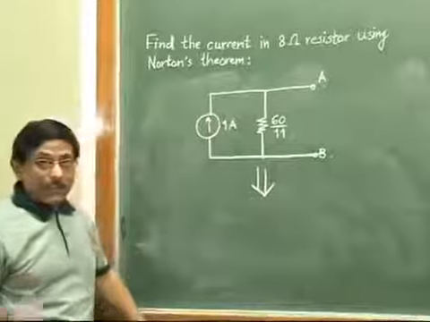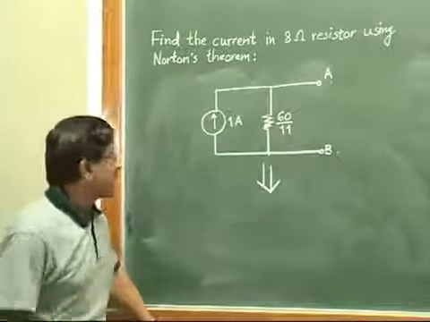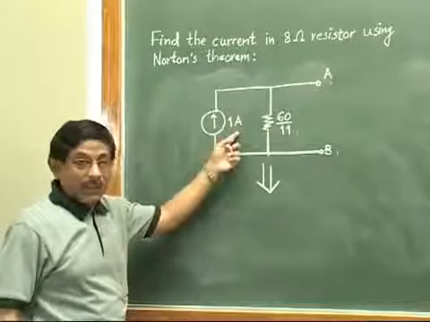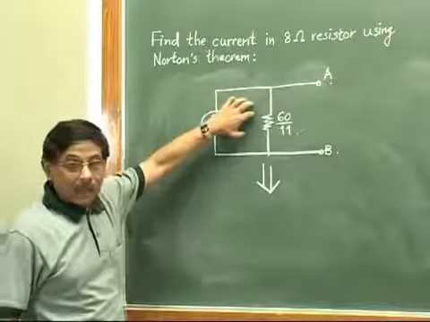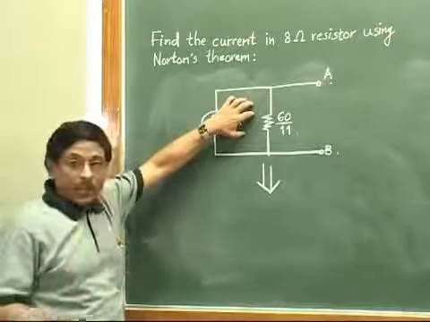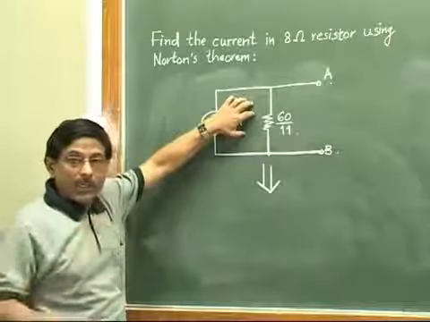Then what would be the things? We have earlier learned as basics that if such a circuit is given and if this is a practical current source, then to convert it into an equivalent practical voltage source is a simple job.